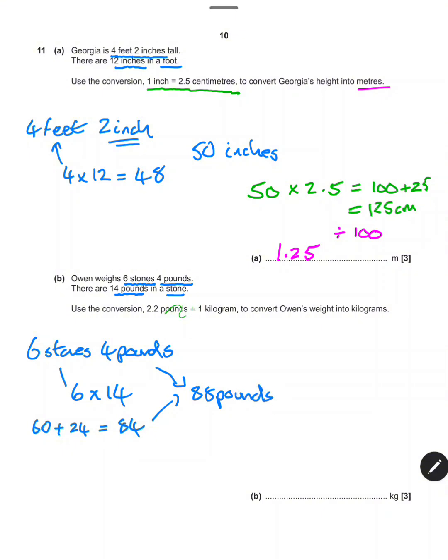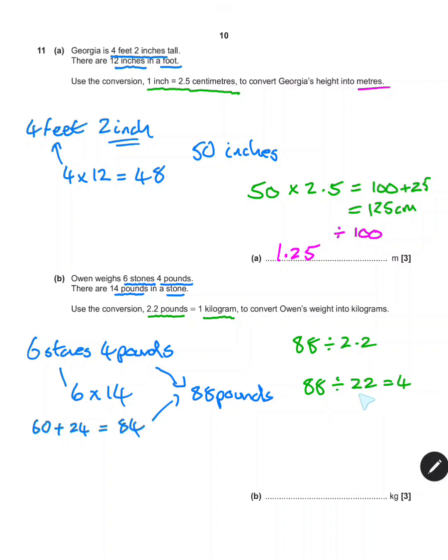We've then got a different conversion saying 2.2 pounds is 1 kilogram. So we need to convert Owen's weight in pounds into kilograms. So if Owen is 88 pounds, we need to do 88 divided by 2.2. We can change this calculation and do 88 divided by 22. That would be 4. 20, 40, 60, 80, 2, 4, 6, 8.